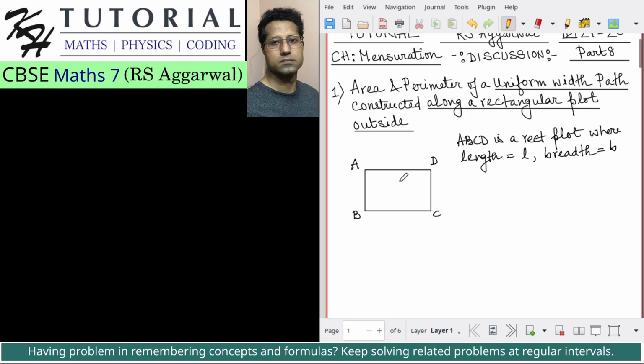I am not writing the units. So we have a rectangular plot of given dimensions, where the length is L and the breadth is B.